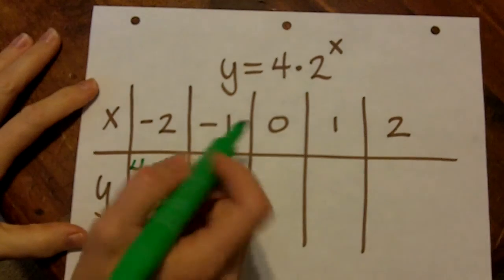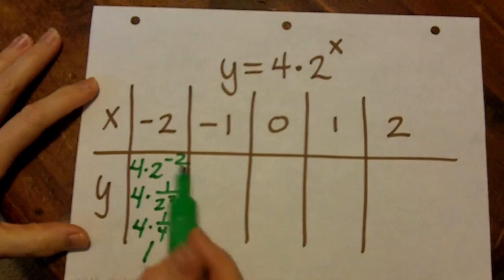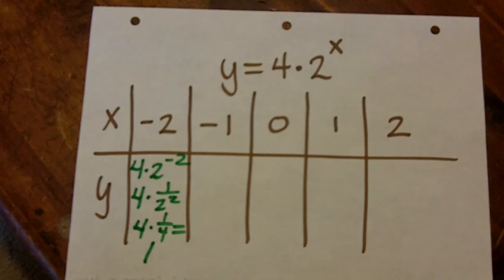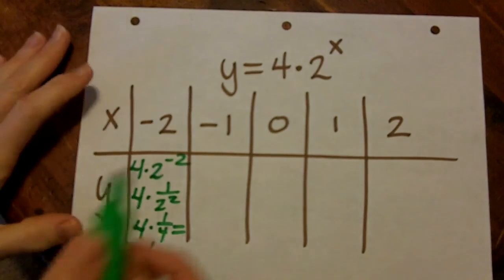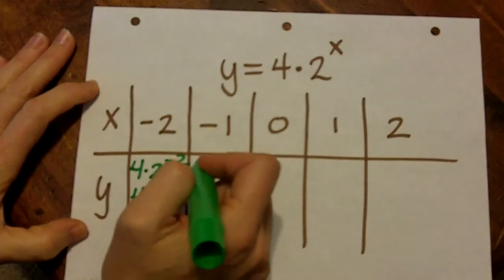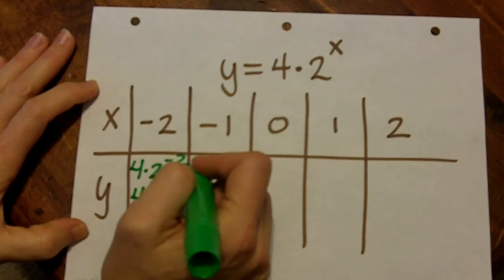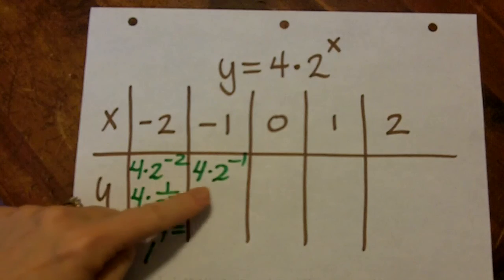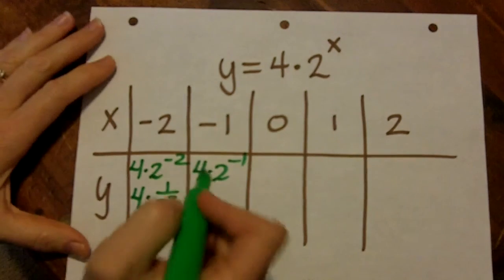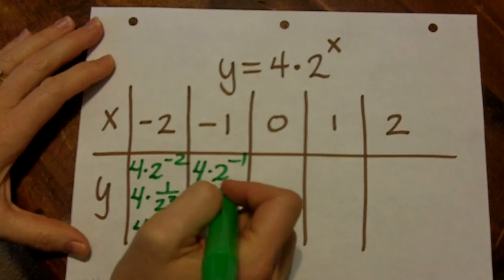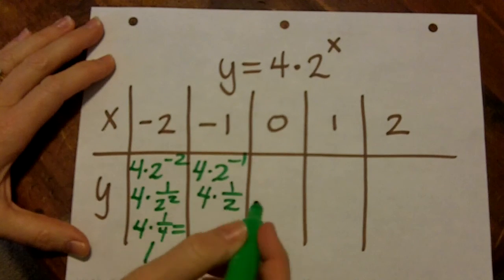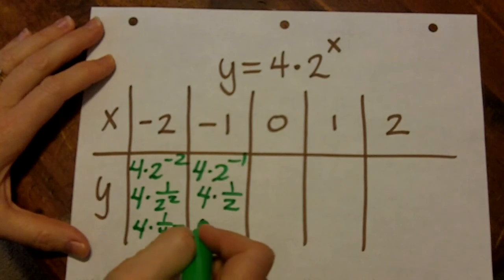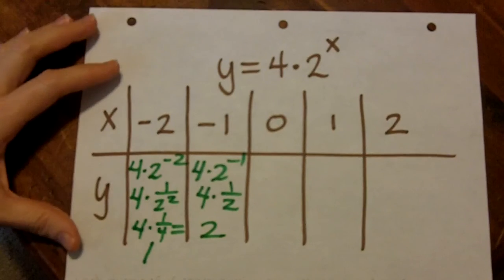Now in the next one, and you see all this work I'm putting here, I'd like to see evidence of that on your paper. In other words, don't do it on scratch paper, and don't do it in your head, and certainly don't use a calculator. The next problem I would set up is 4 times 2 to the negative 1. We all know that 2 to the negative 1 is 1 over 2, so it's 4 times a half, which of course equals 2.